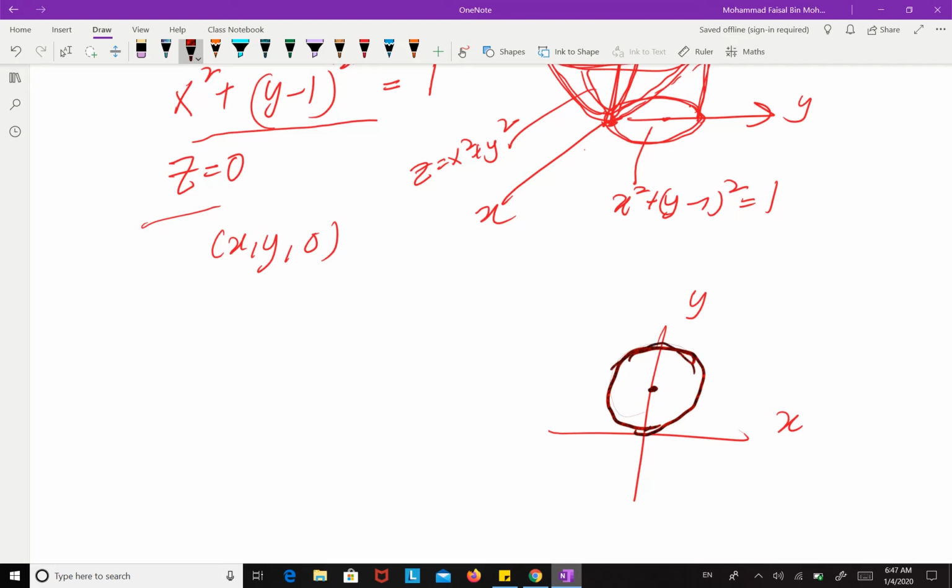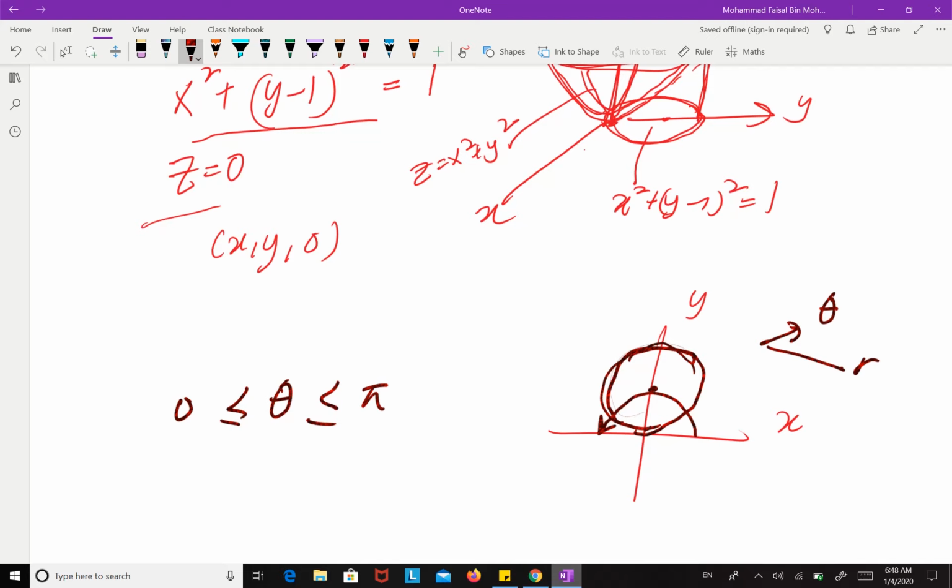So this is your base now. From here you can find the theta limit and r limit. Theta goes from the positive axis to here, which is from 0 to pi.